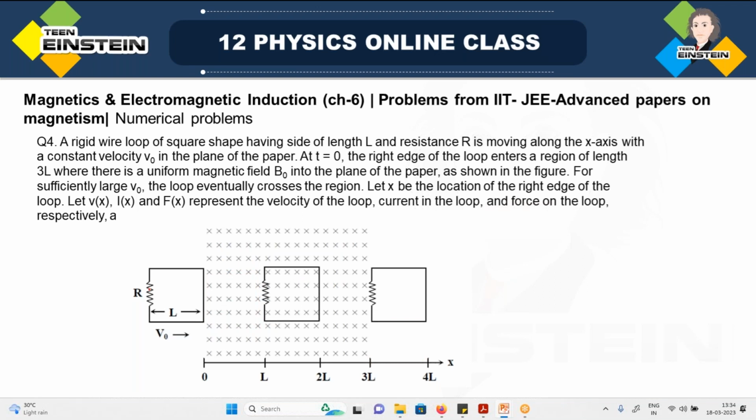I'll summarize what I have said. See, when there is a square loop like this, and magnetic fields are there through this.